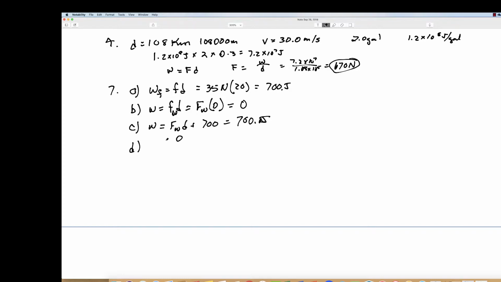The next question is, find the force the shopper exerts using energy considerations. Now what it means by using energy considerations is that we have an angle of 25 degrees.